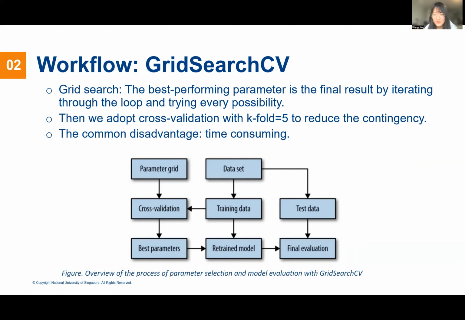The common disadvantage of grid search is that it is time-consuming. The more parameters, the longer it takes. Therefore, under normal circumstances, first set a large range and then refine. This figure clearly shows the overview of the process of parameter selection and model evaluation with GridSearchCV. Next.